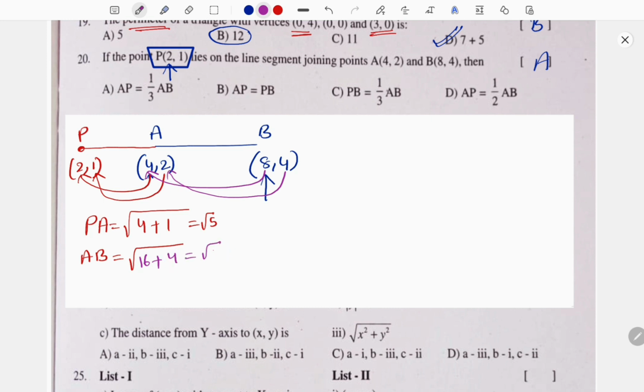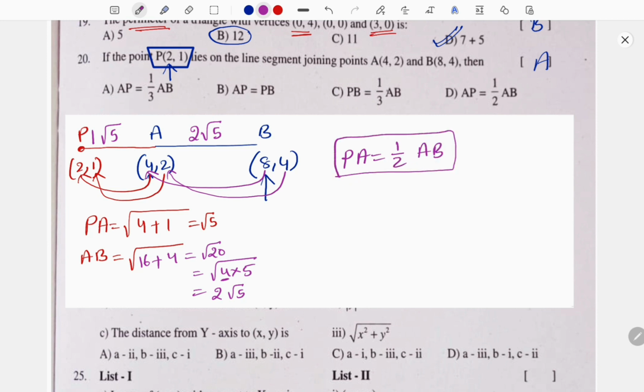That is equal to root 20. Root 20 can be written as root 4 into 5. You know that root 4 is 2, so 2 root 5. Now PA is equal to root 5 and AB is equal to 2 root 5. So AB is double PA, or otherwise PA is half of AB. Therefore we can say that PA is equal to half of AB.